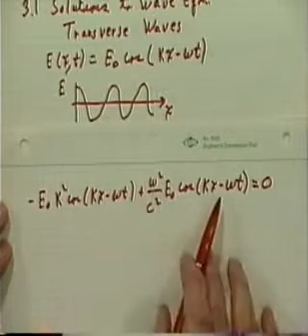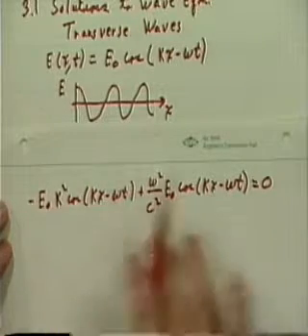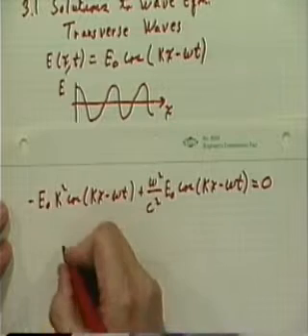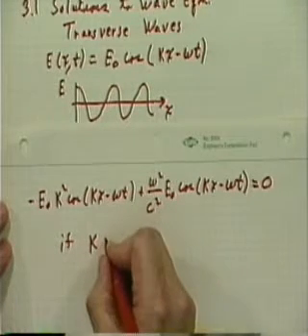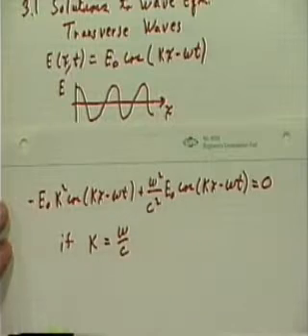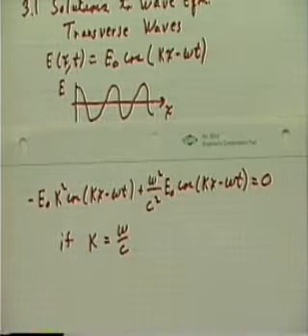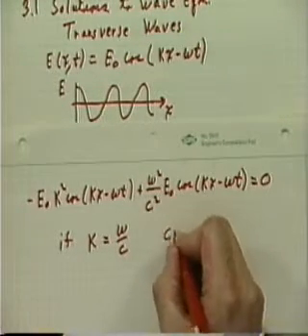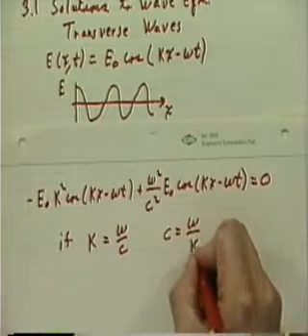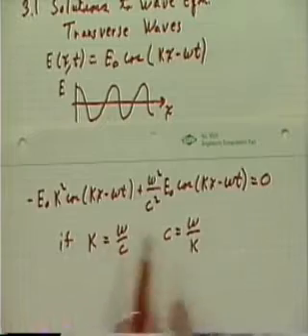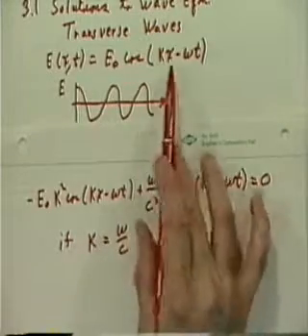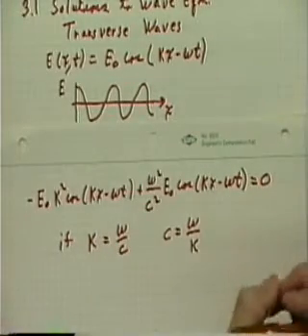And so this will be a solution. This works out fine if k is equal to omega over c. Then it's a solution. Or sometimes you see this as c is omega over k. So as long as we have this condition right here, then this will be a solution to the wave equation.